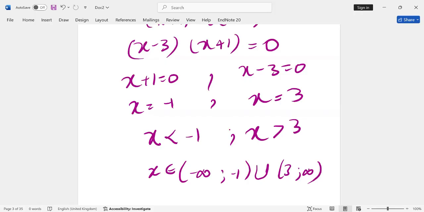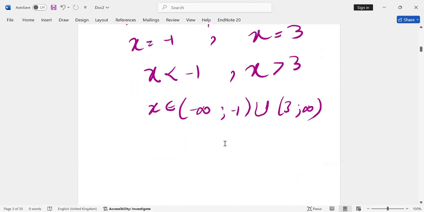So the parabola y equals to x squared minus 2x minus 3 opens upward because a equals to 1 is greater than 0. We want the value of x for which the parabola is above the x-axis, okay? So move to the next question.